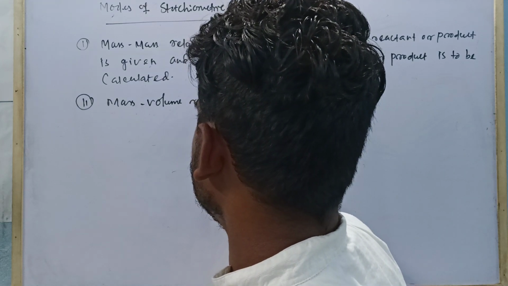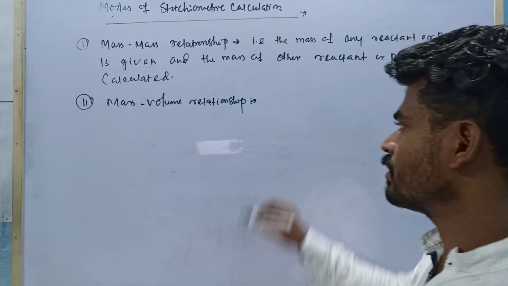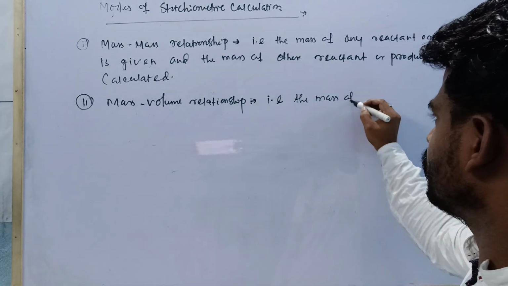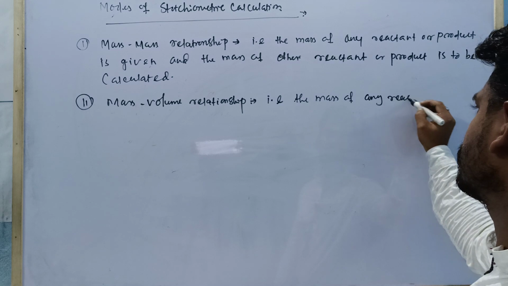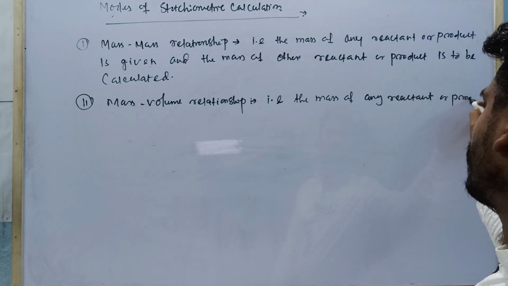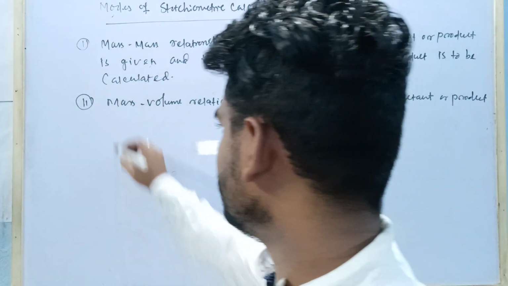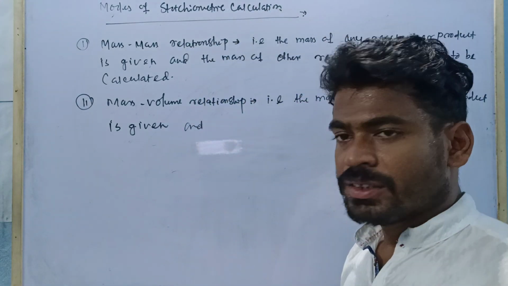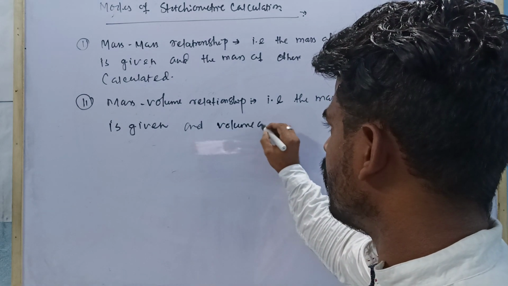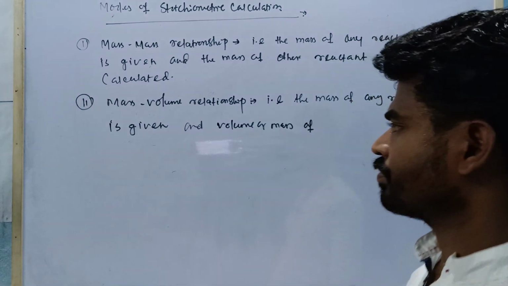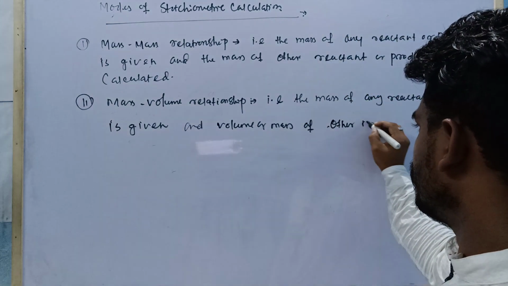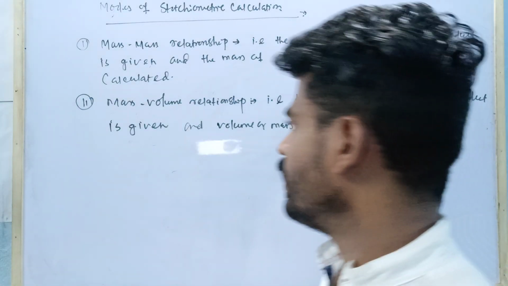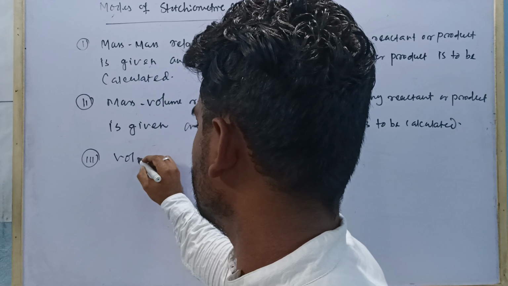Mass volume relationship, that is the mass of any reactant or product is given and volume or mass of other is to be calculated. Is that clear?